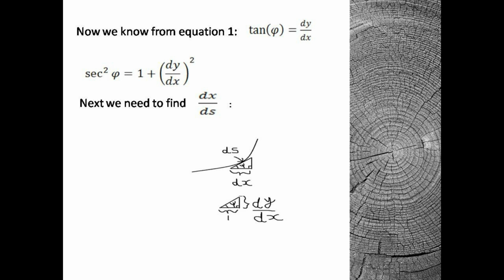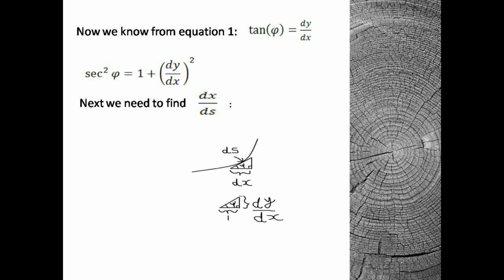Next thing that we need to do is to find cos psi. To find cos psi, I have made another right angle triangle corresponding to equation 1, that is tan psi is equal to dy by dx. As you can see, I have taken the perpendicular to be of length dy by dx and the base of length 1.